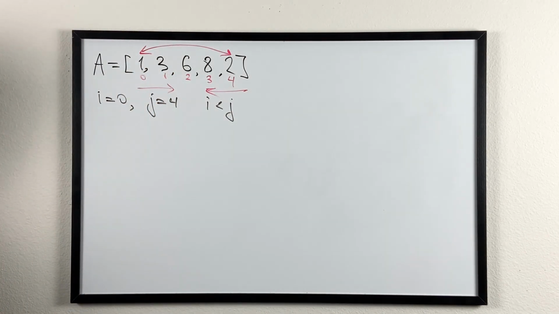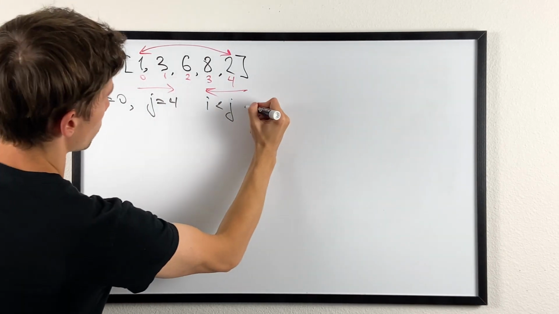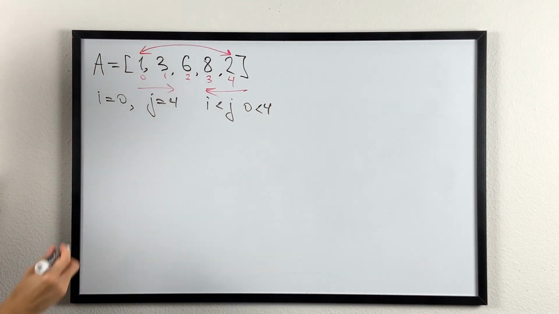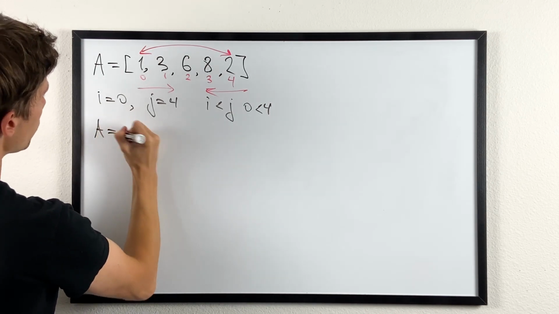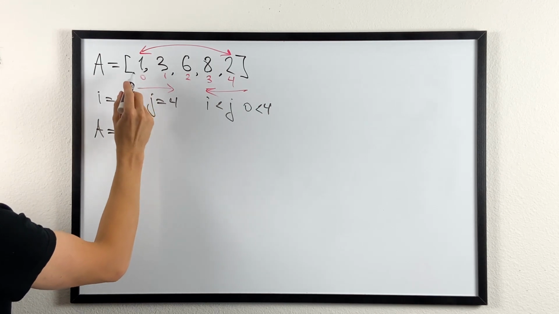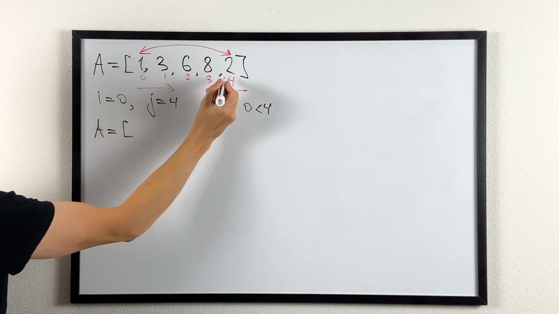Okay, so let's try the first iteration. Let's check our condition. 0 less than 4, it is true, so we can proceed. Let's draw our array a, and at this point we will be swapping the element at index 0 and the element at index 4.